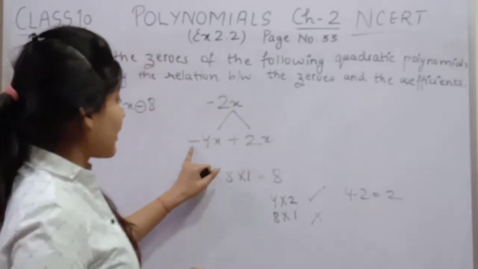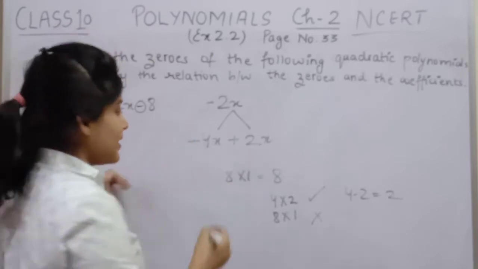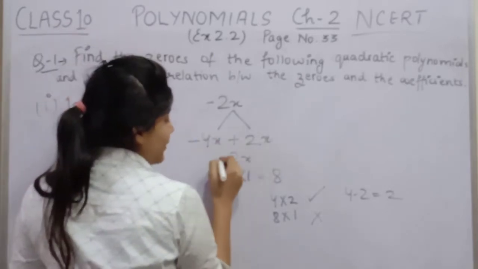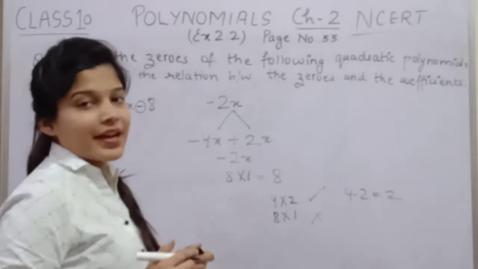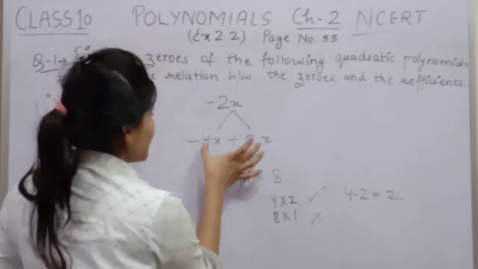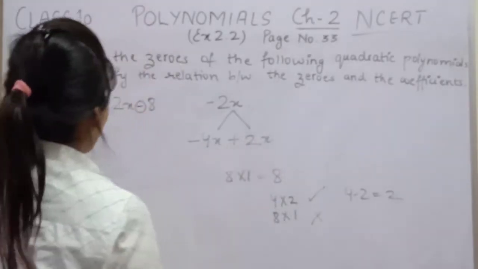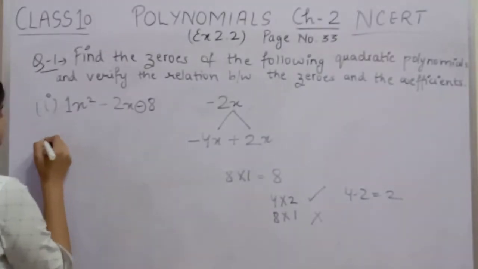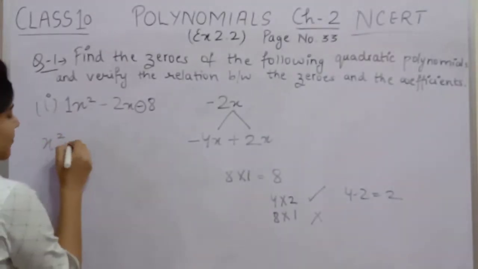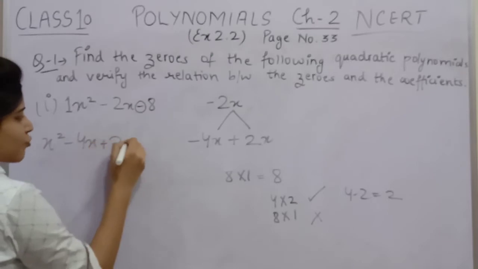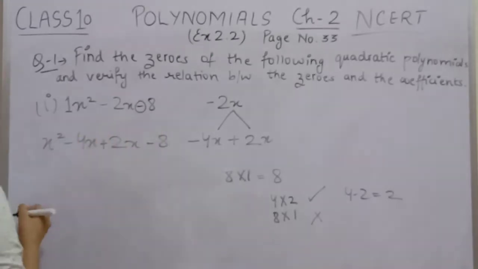Now let's calculate this. So plus minus minus 2x and sign negative, bigger number का sign, right? So it means अब हमें इसको ऐसे split करना है. So now this would be x square as it is minus 4x plus 2x minus 8.